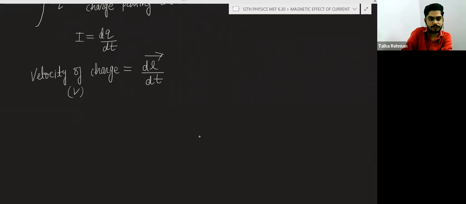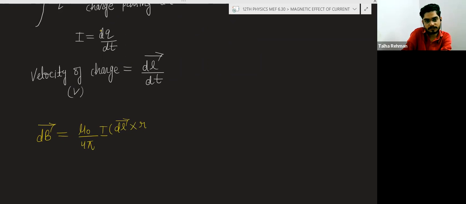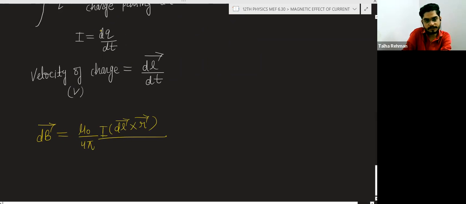Now you have to put the values in this. dB is equal to mu naught divided by 4 pi, I dl vector cross r vector divided by r cube.